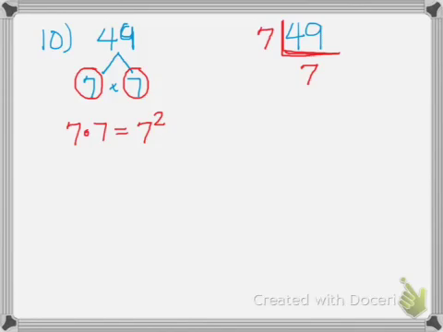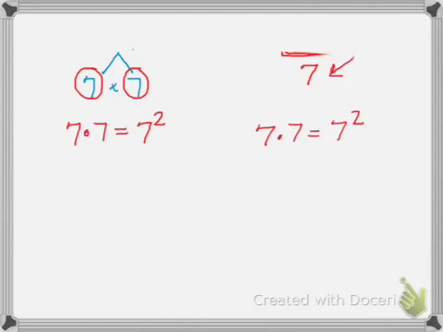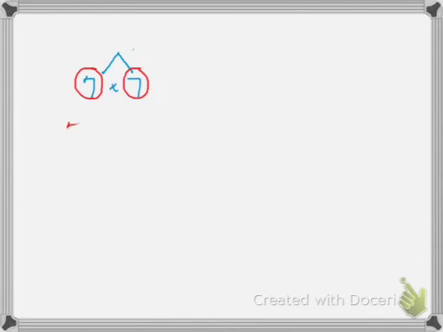We're done when this number on the bottom is prime. I'll show you some more examples where we have to do a little more work. Once again, we have 7 times 7, and when we write that using exponential notation, it is 7 to the power of 2. Okay, let's look at another example, maybe one that's a little bit longer.